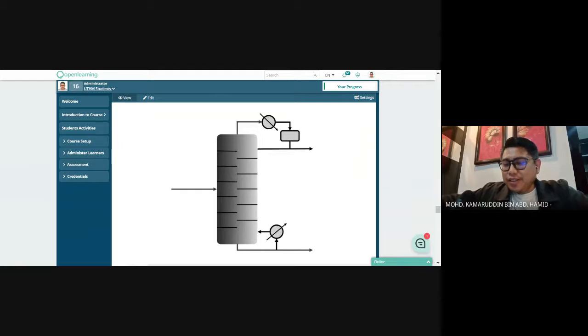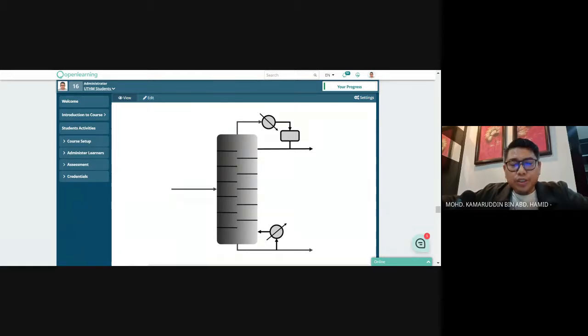Okay, the second reason is that you have a reboiler at the bottom. Remember that this reboiler is supplied by heat, by steam. Yang selalunya supply dalam tu adalah steam, either low pressure steam, medium pressure steam ataupun high pressure steam. So dalam kata lain, it's steam sahaja.